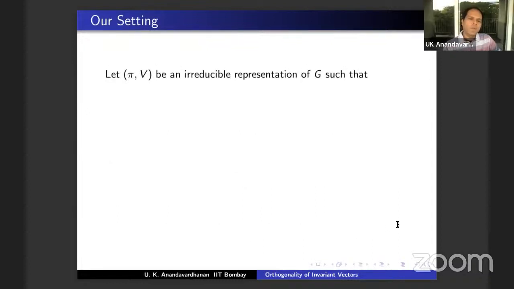So now let pi, V be an irreducible representation of G, and I have two groups that I consider, H and K. Suppose you also know that pi has the property that the space of H invariant vectors is non-zero, but it's not too large either. It is only one dimensional. So any two H invariant vectors differ by a constant.